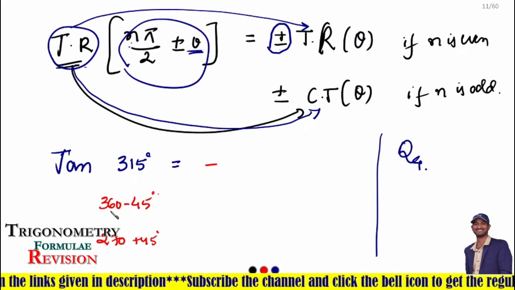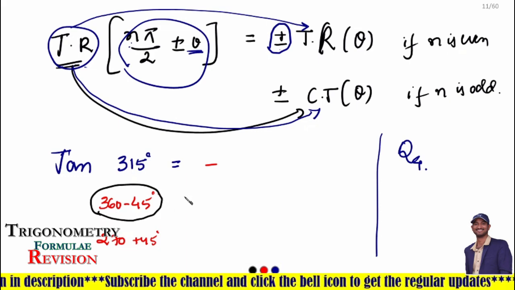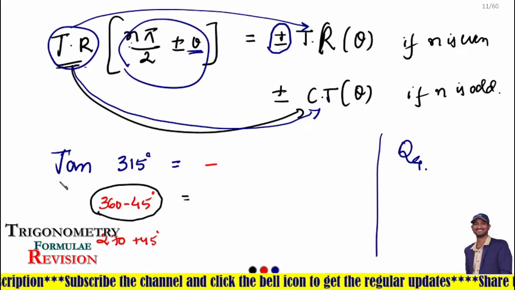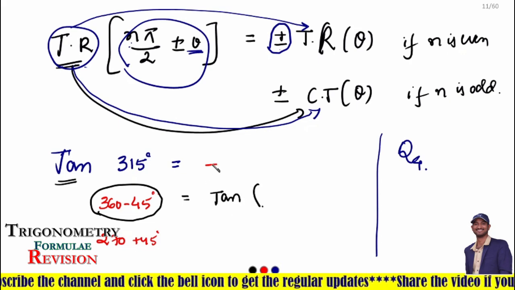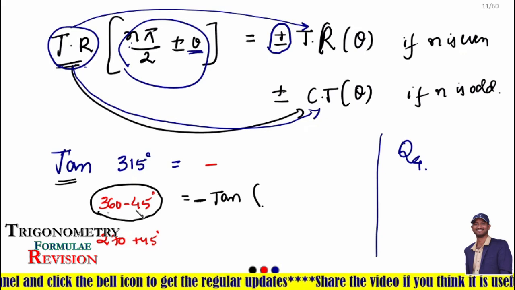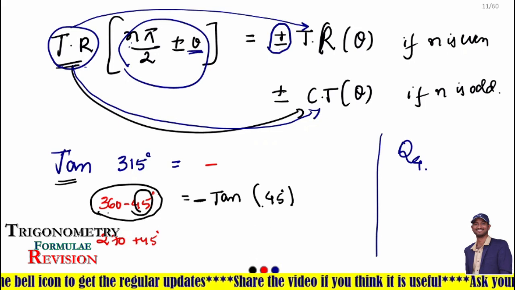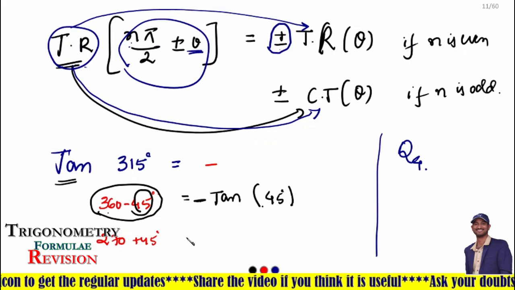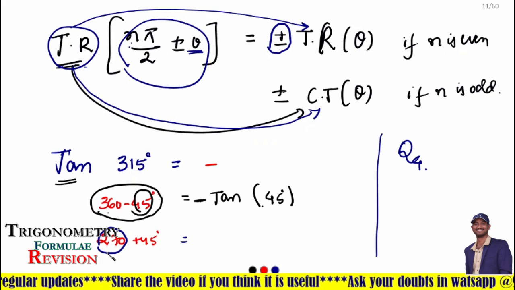360 is an even multiple of 90. So when I write 360 minus 45, then what value do I have to take? The same trigonometric ratio: minus tan of, since it is an even multiple, I can take directly 45. Otherwise, if I take 270 plus 45, 270 is an odd multiple.